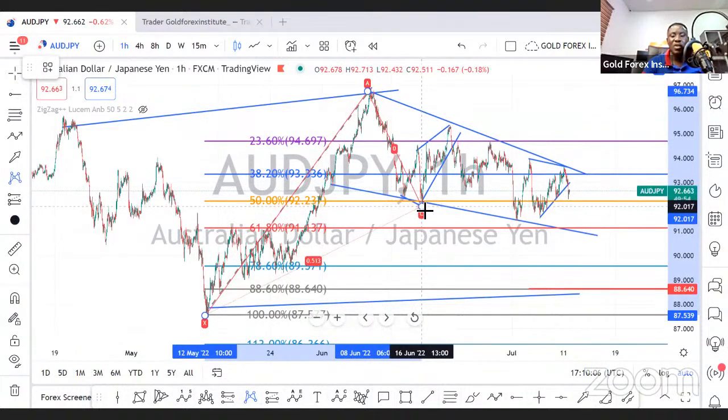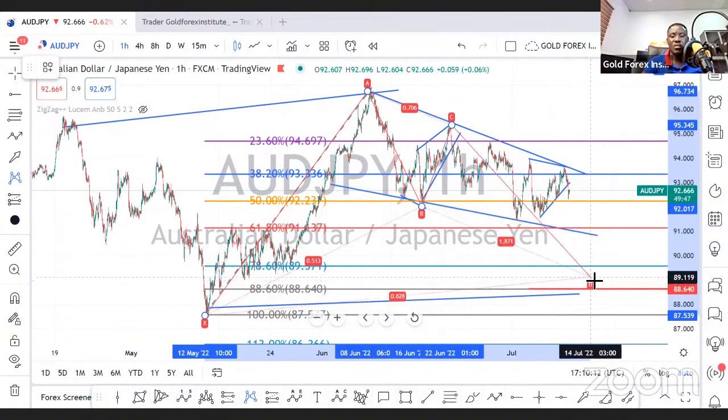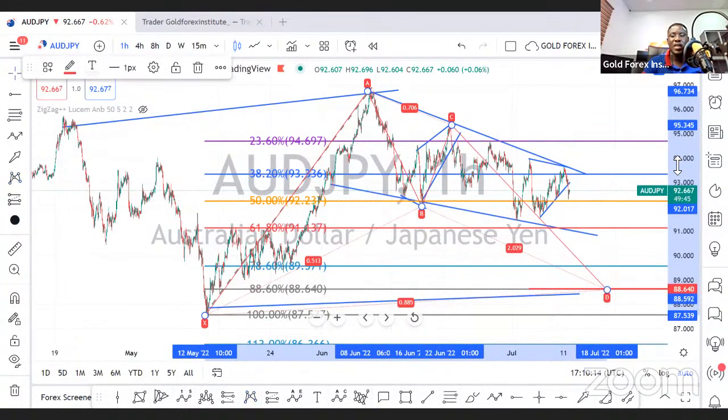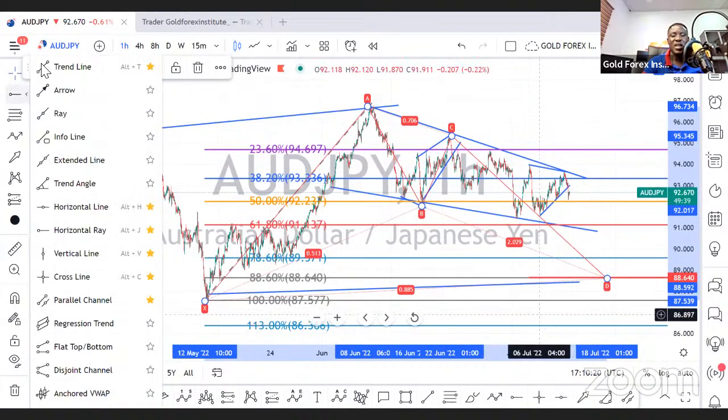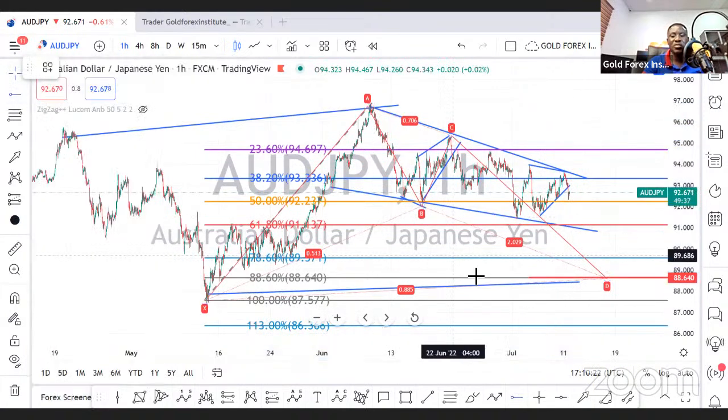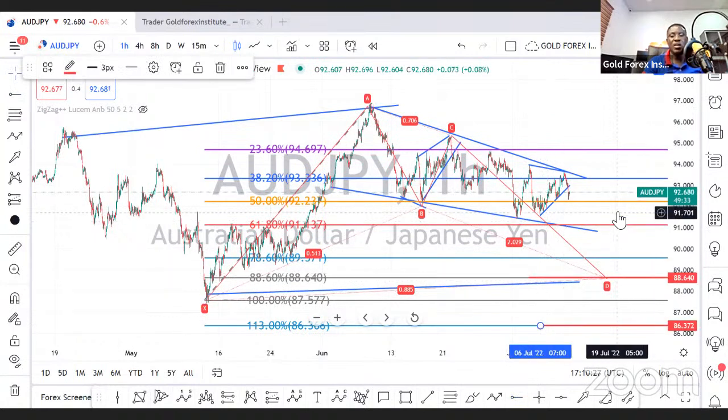It can even go further to an alternative bat at 113. But the immediate one is the bat pattern, so we are just targeting the immediate one and letting the rest run.